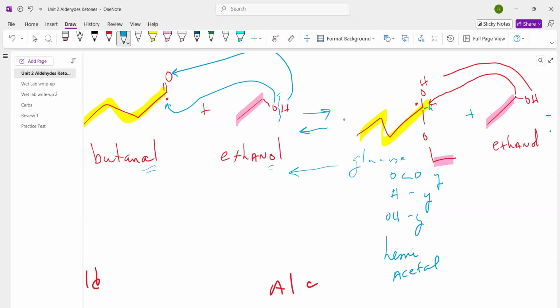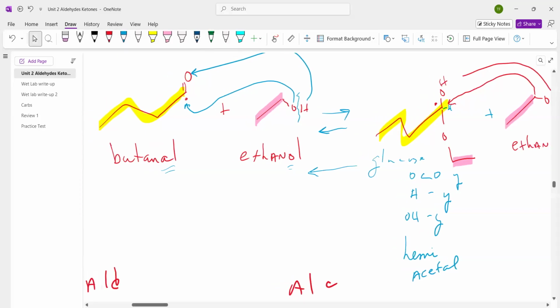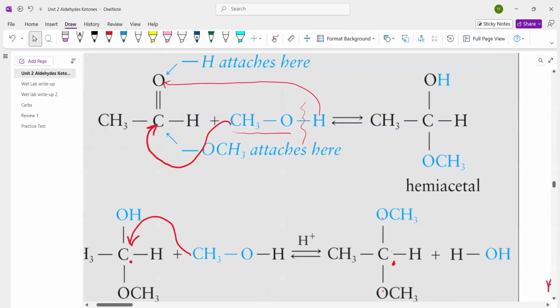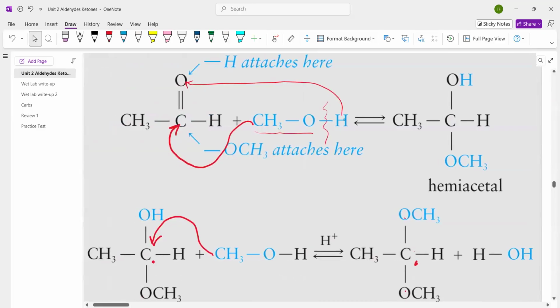So that becomes a reducing sugar. I'll go into this in total detail on Wednesday. Main thing is they're reversible.